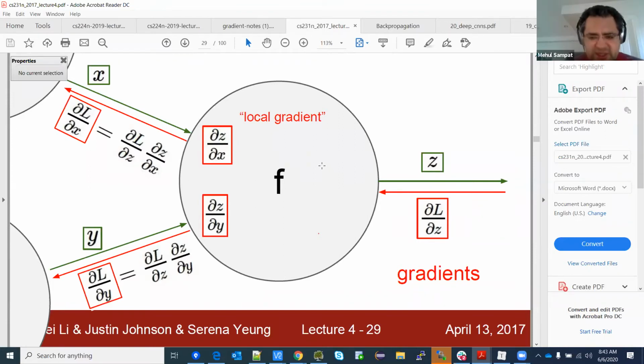What you want are the downstream gradients, which are also the gradients of the loss with respect to x and y, the inputs to the local function f. To get those, you apply the chain rule with the local gradients, which can be computed quite easily because it's just the gradient of this local function with respect to these two inputs. Combine this with the upstream gradient, which you already have, and you get the downstream gradients.